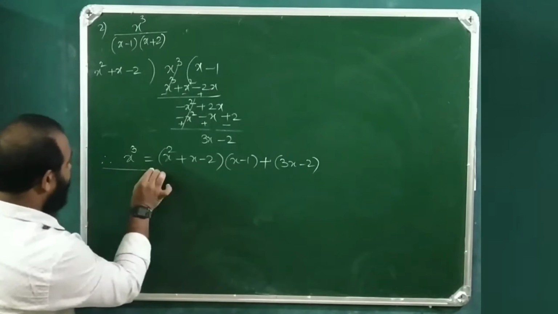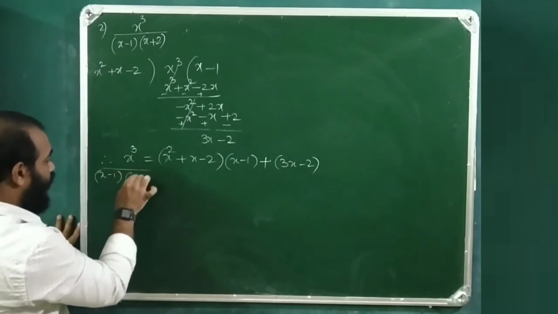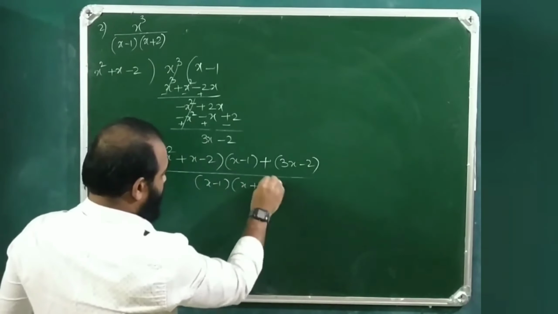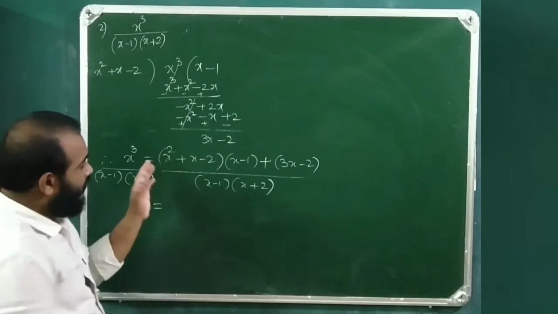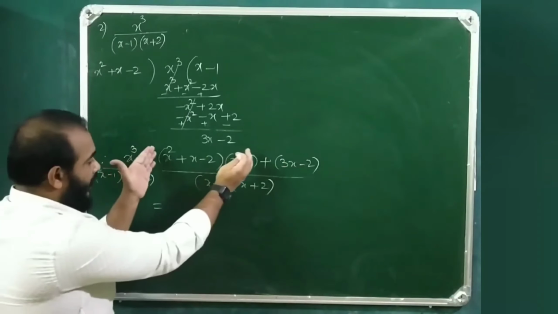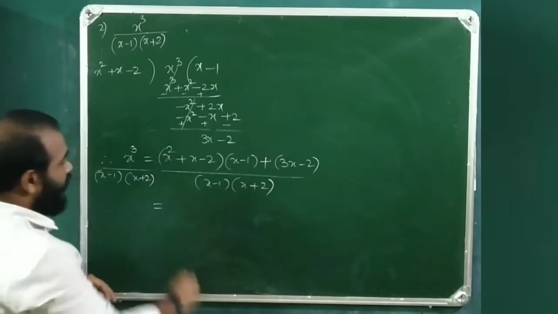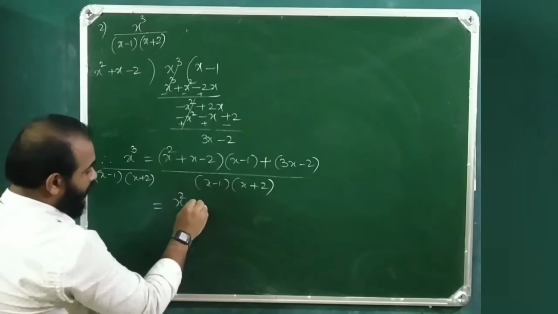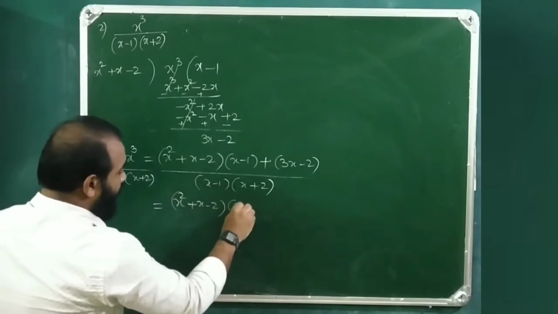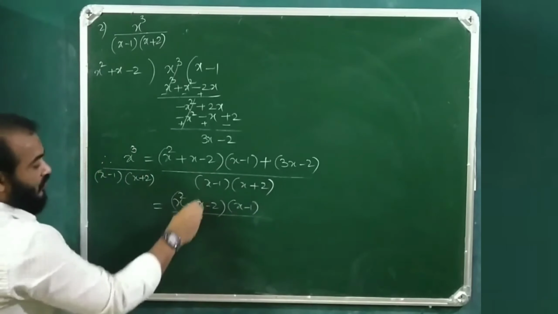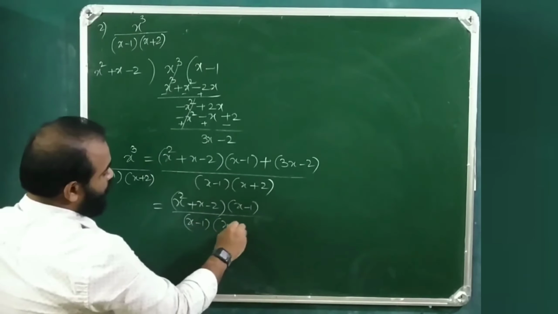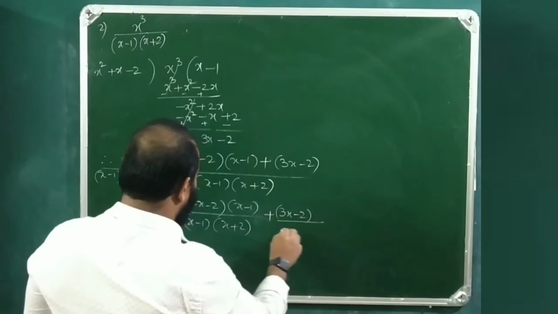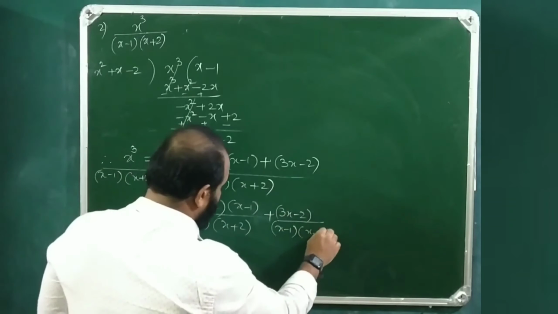So for that, let us divide by (x minus 1) into (x plus 2) on both sides. This is a plus b by c equals a by c plus b by c. So x square plus x minus 2 into x minus 1 by x minus 1 into x plus 2, plus 3x minus 2 by x minus 1 into x plus 2.